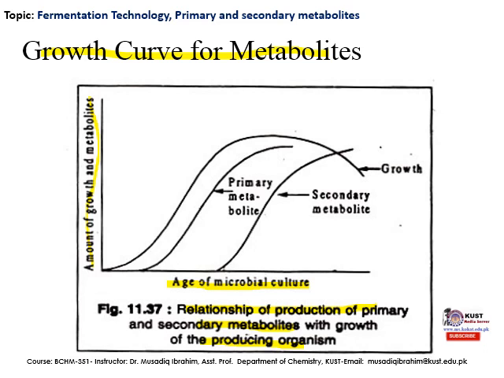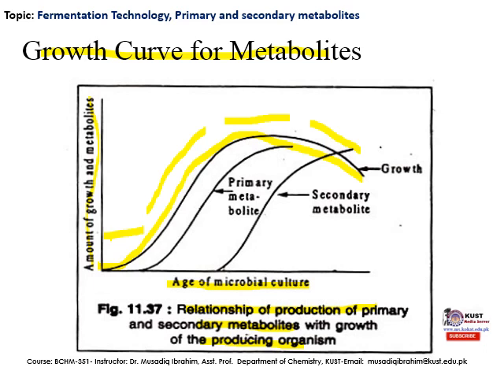So if we look at the first line, which is this one, this line shows the growth of the microbial cells, which is pretty much similar to the previous slide, in which we discussed that the microbial cells have a lag phase, then an exponential phase, and then a stationary phase, and then ultimately a death phase or declining phase.